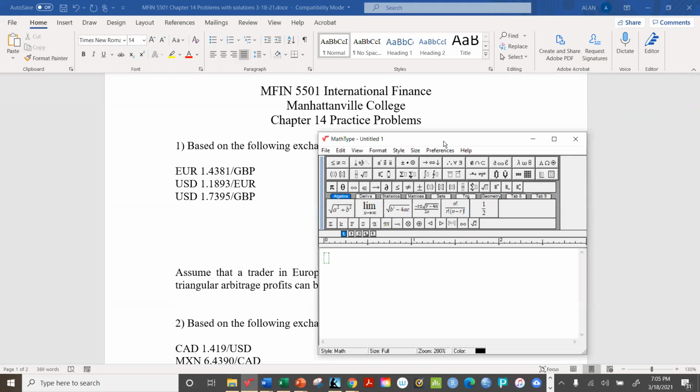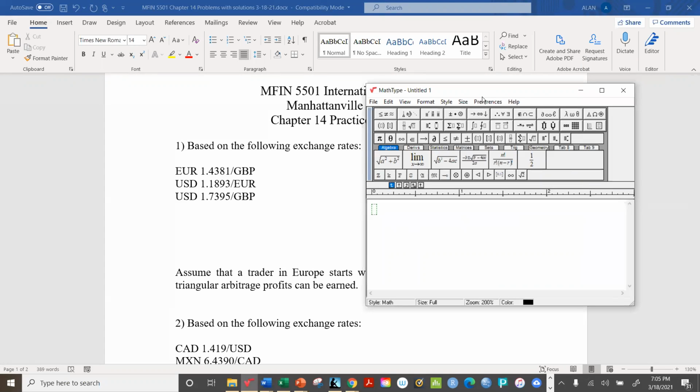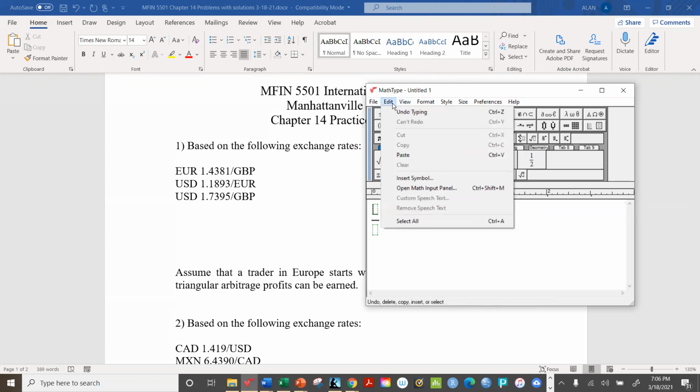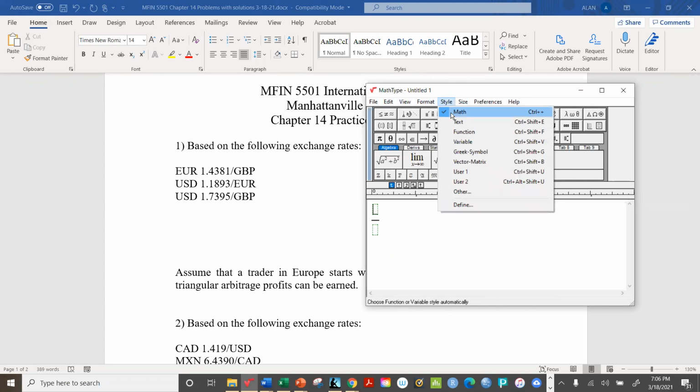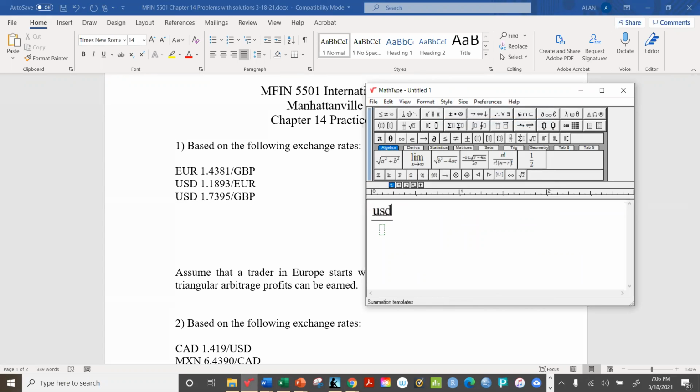If we started out, for example, with the ratio of US dollars, I don't think I have any symbols in here for the currency, so I'll just write out the letters. We have USD 1.7395. There we go. USD for dollars, of course.